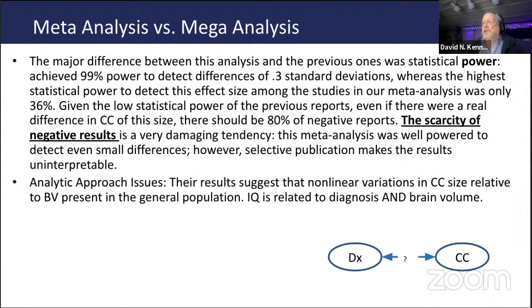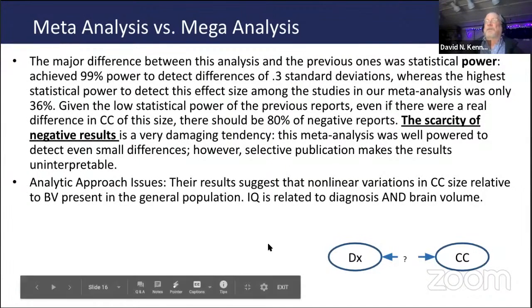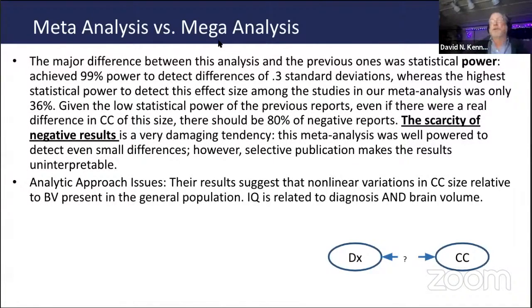The biggest of those prior studies was 113 subjects. The biggest power to see an effect of 0.3 standardized effect size was only 36%. So in general, all of those publications that were seeing this effect were woefully underpowered to see that effect.